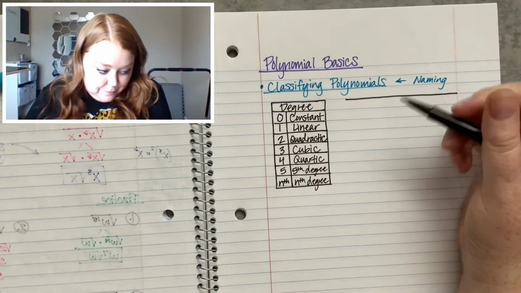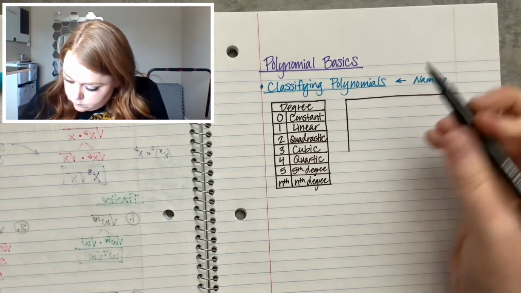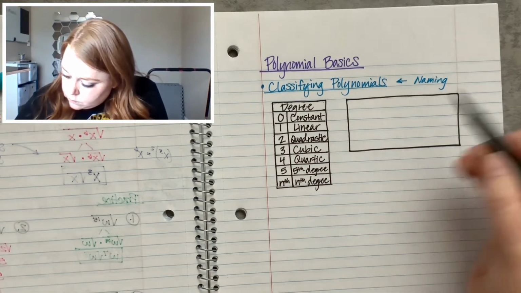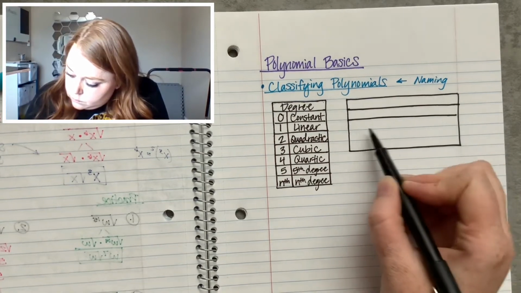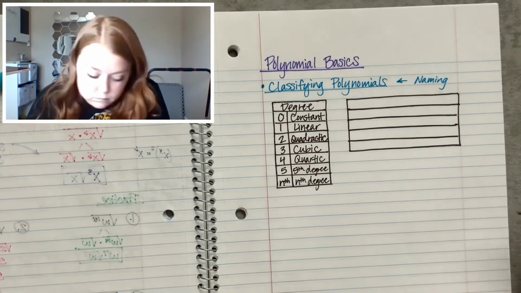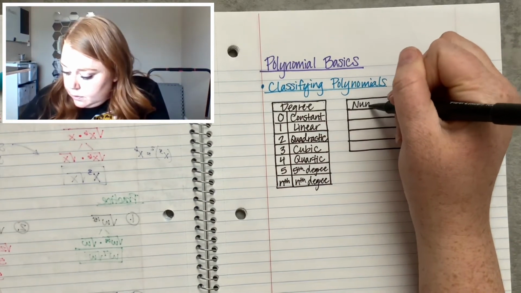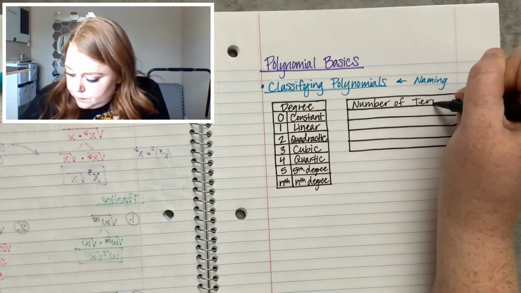This one is 5 rows. In the top row, we're going to write number of terms.